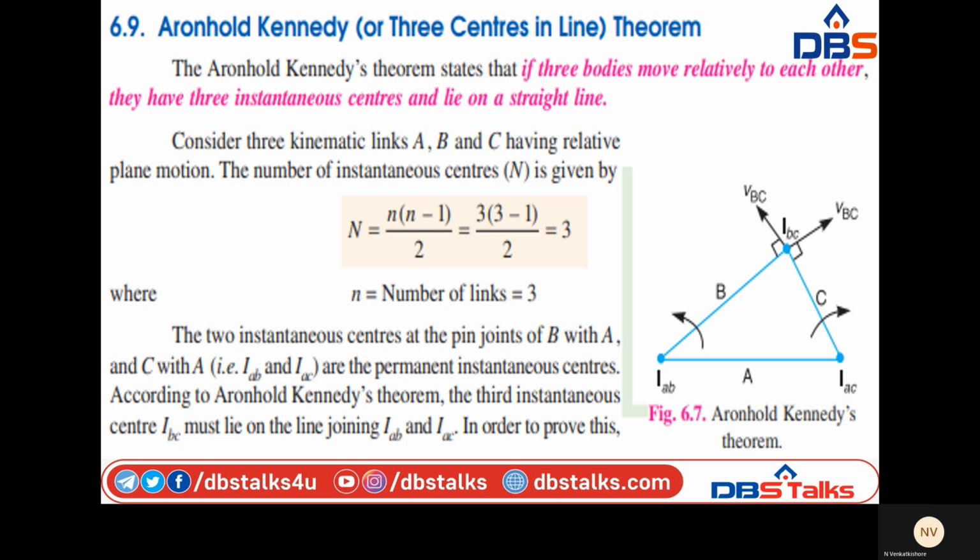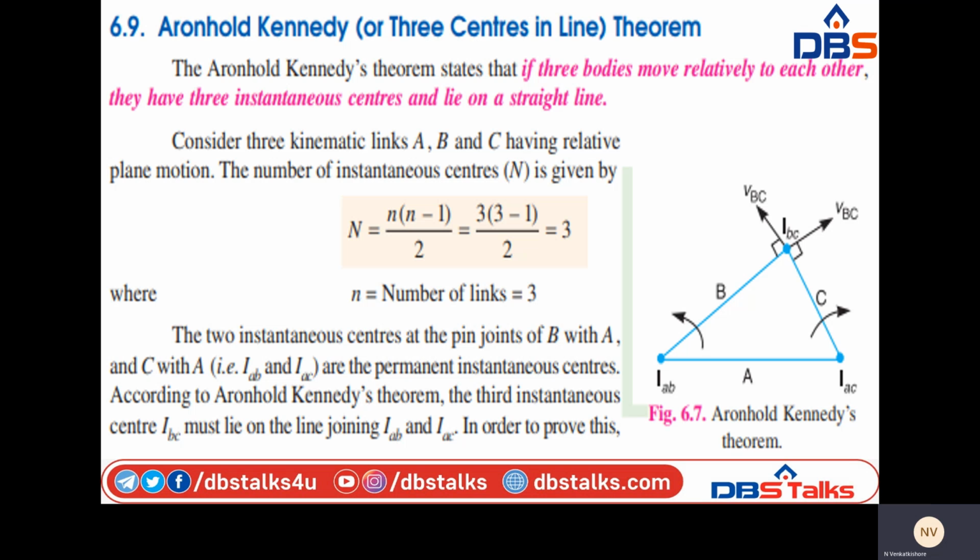Then the three centers in line mechanism. Kennedy's theorem states that if three bodies move relative to each other, they have three instantaneous centers and these lie on a straight line.